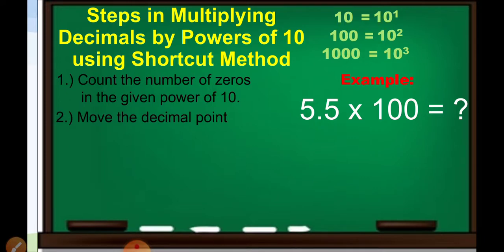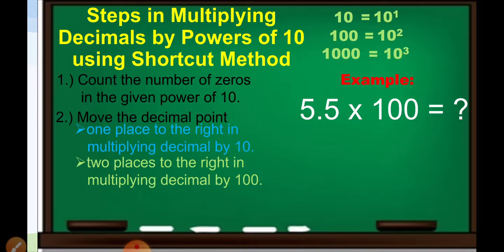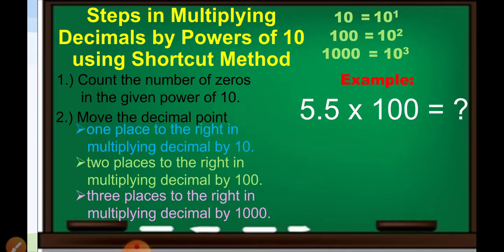Then move the decimal point one place to the right in multiplying a decimal by 10. Because the given power of 10 in our example is 100, you will move the decimal point 2 places to the right in multiplying a decimal by 100. And you will move the decimal point 3 places to the right in multiplying a decimal by 1000.